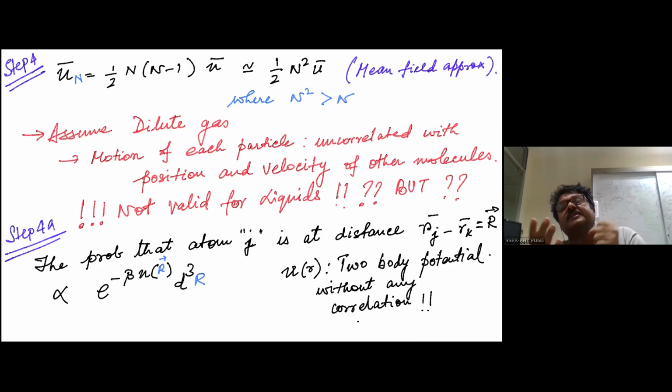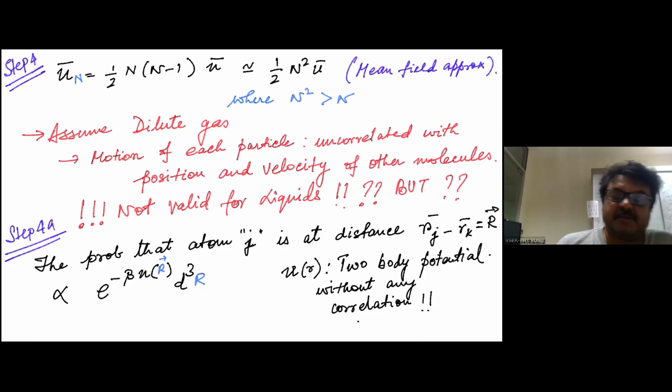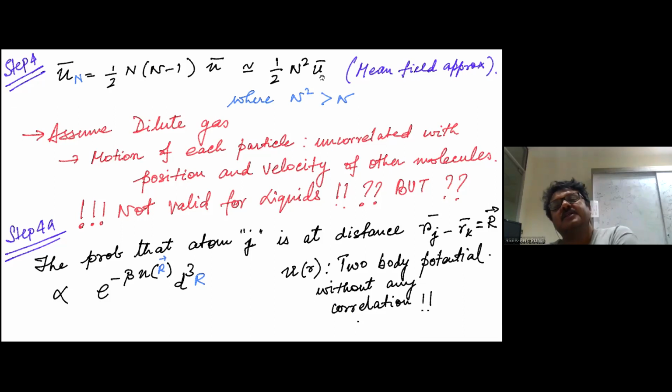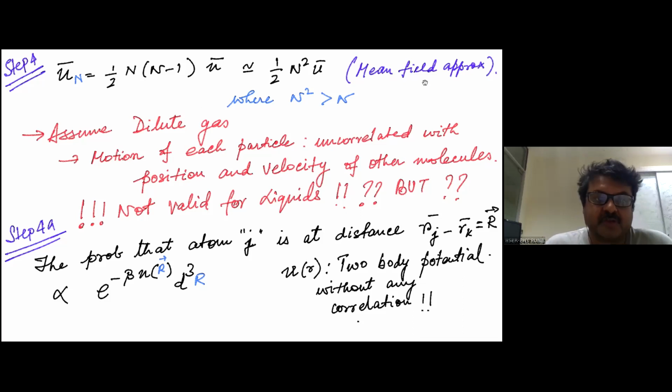But here we will just consider the pairwise interaction, and if we somehow know the pairwise mean energy of interaction between just a pair of particles, then the energy of N into N minus 1 pairs can be written as half, to avoid the overcounting, N into N minus 1 into u bar. So that's how you get it. It's some sort of a mean field approximation.